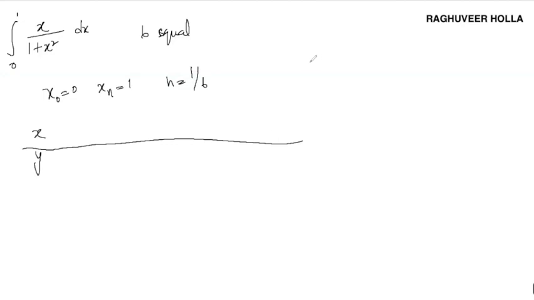So your y will be x by 1 plus x square, right? So for x equal to 0, y will be 0. For x equal to 1/6, this is 0.16. Please write down.